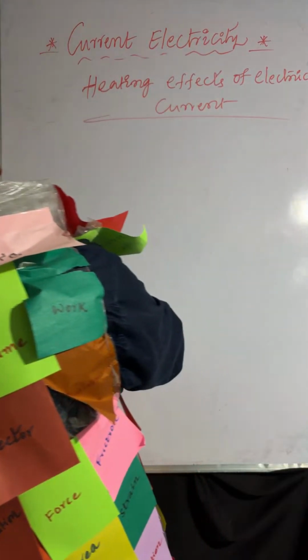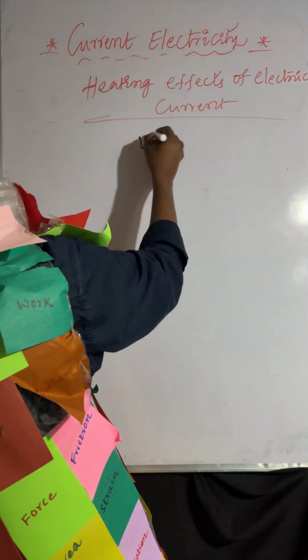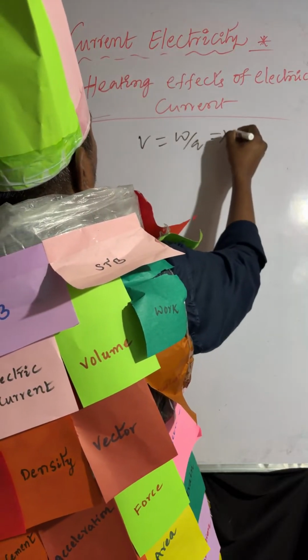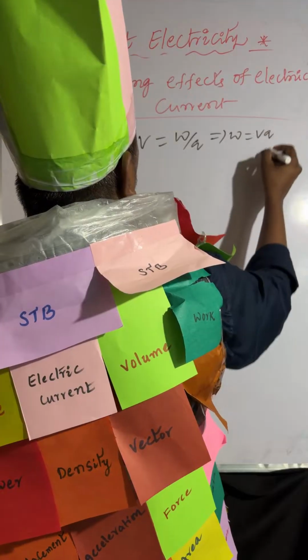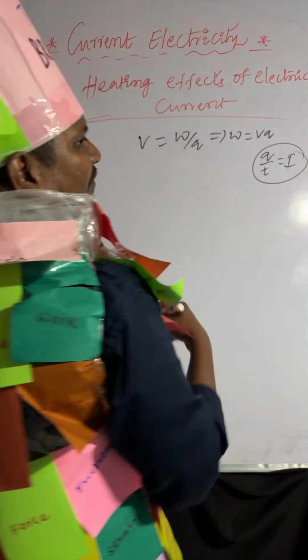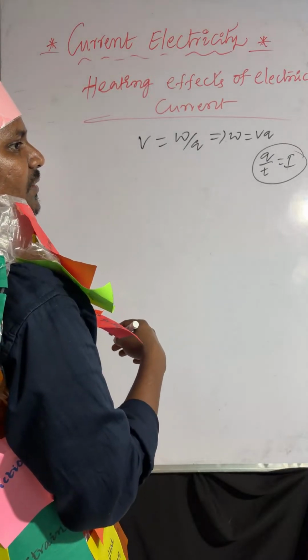Here you can observe V equals W by Q. From this, W equals V into Q. We know Q by t is current. The rate of flow of charge is called current. Yes or no?